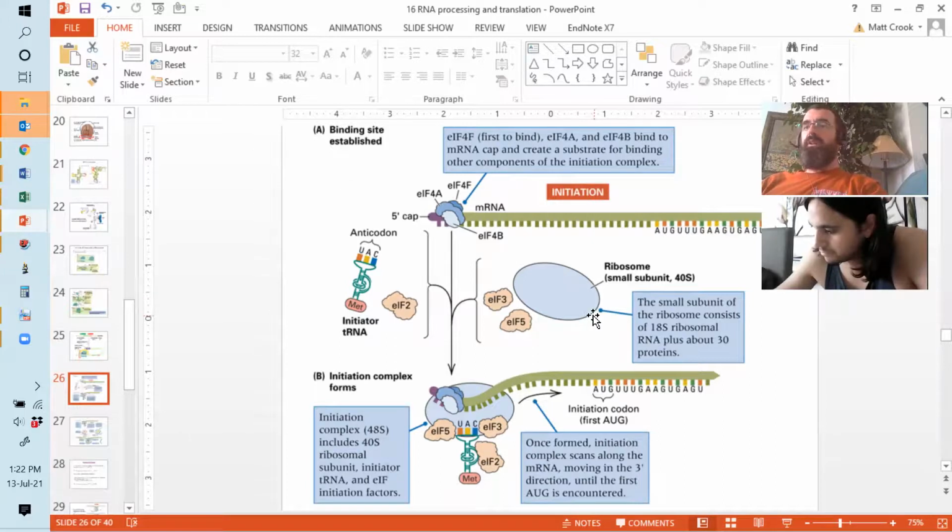So we have the small subunit with RNA and a whole bunch of proteins, the same as in prokaryotes. We have a tRNA for methionine, with a methionine amino acid attached to it. And we have additional initiation factors which help bring in that tRNA.